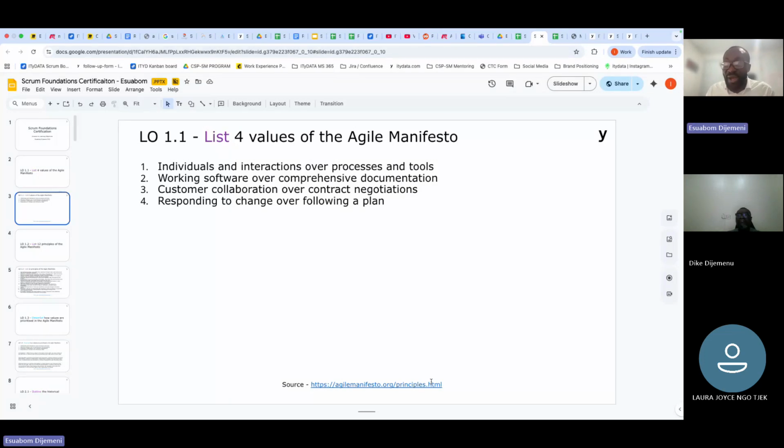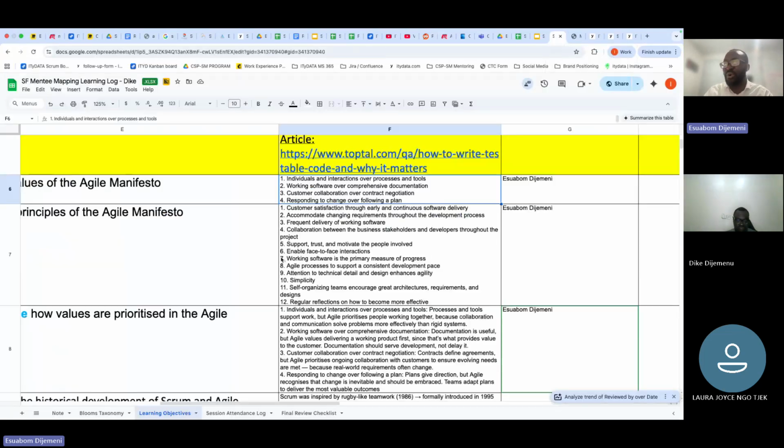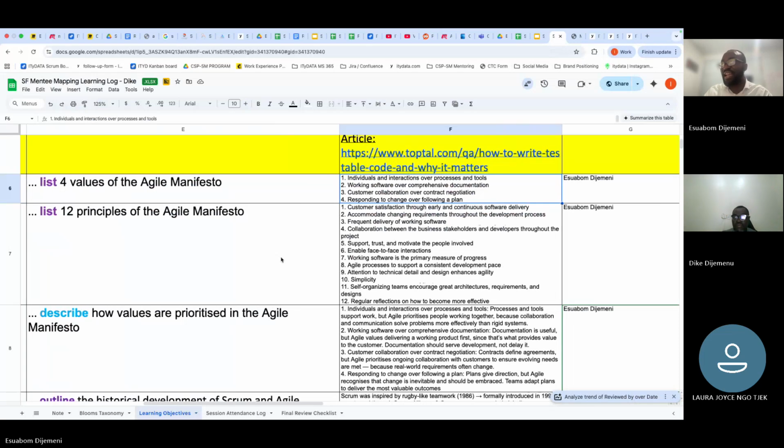Now, this is a list, so unless anyone has a question, we will not discuss it. Probably when we get into describe and the light blue LOs, where LO means learning objective, we'll get further into conversation. So okay, let's go to the next one: list the 12 principles of the Agile Manifesto.